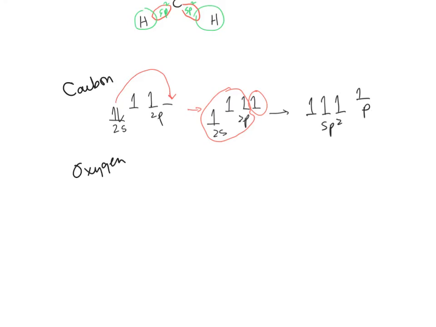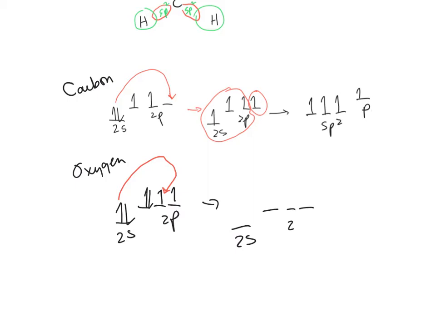Next is oxygen. So oxygen has 6 electrons in the valence shell. Take one of these, move it over here. So you're going to get 2s, 2p, 1, 2, 3, 4, 5, 6.